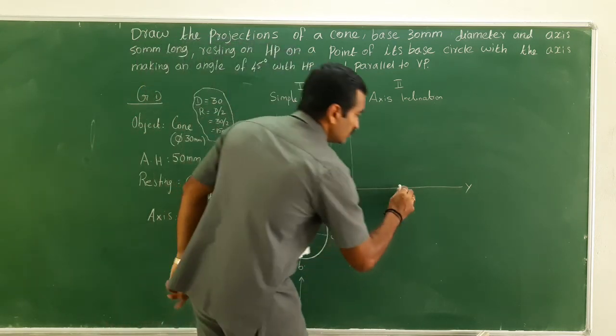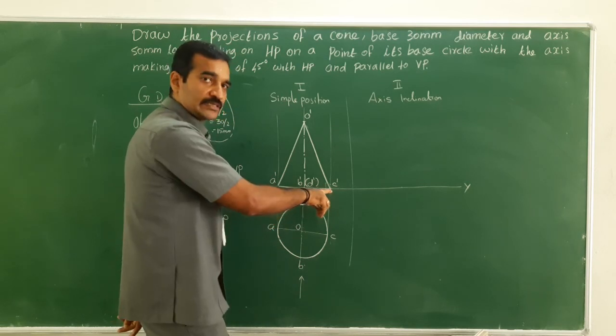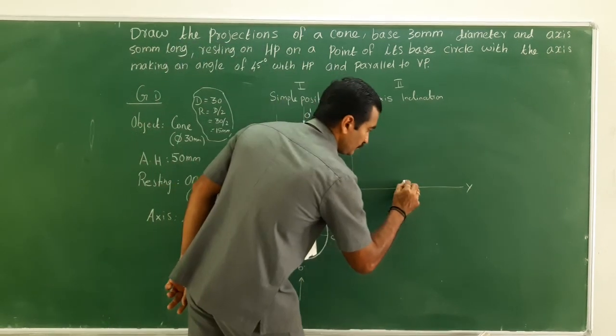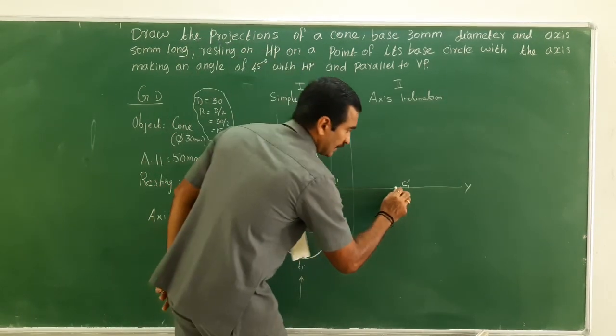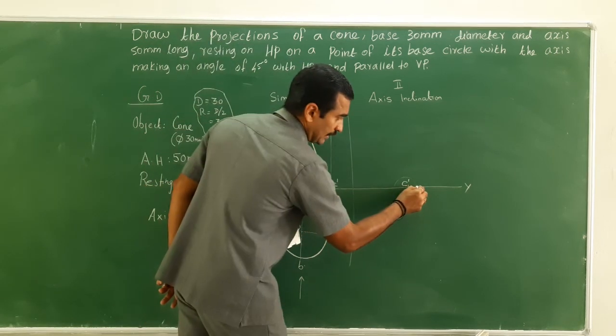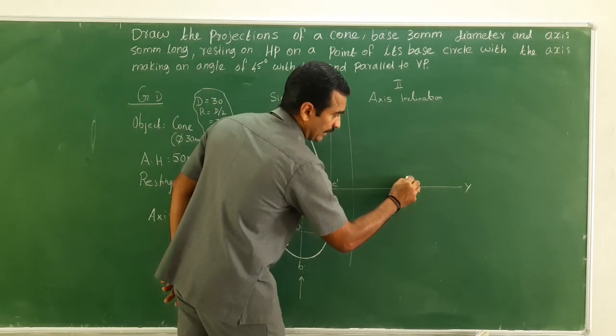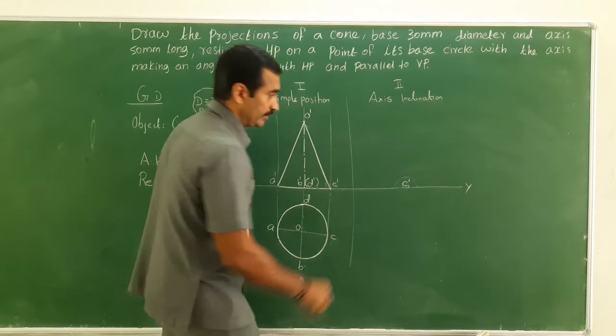Now I am going to choose a point, that is nothing but the resting point, which is C. This is nothing but C1 dash. Keep your protractor in this manner and choose 45 degrees from the horizontal. This could be 90 degrees, right, and the 45 would be somewhere here.